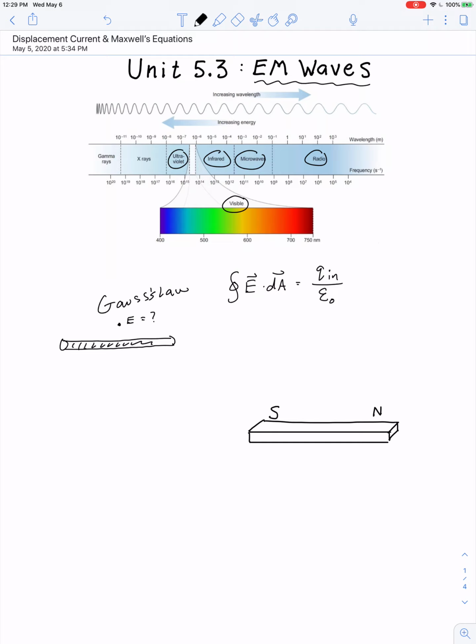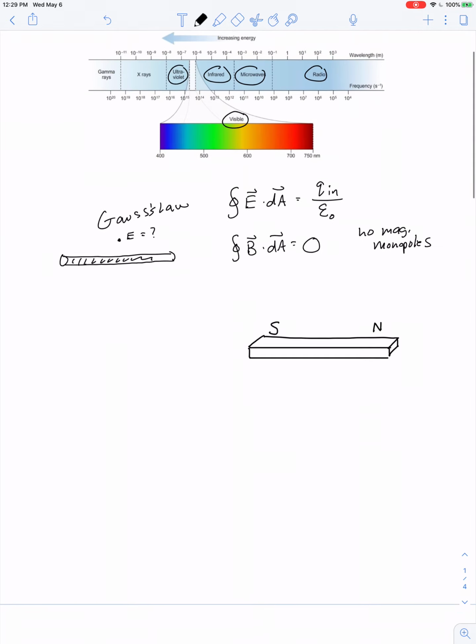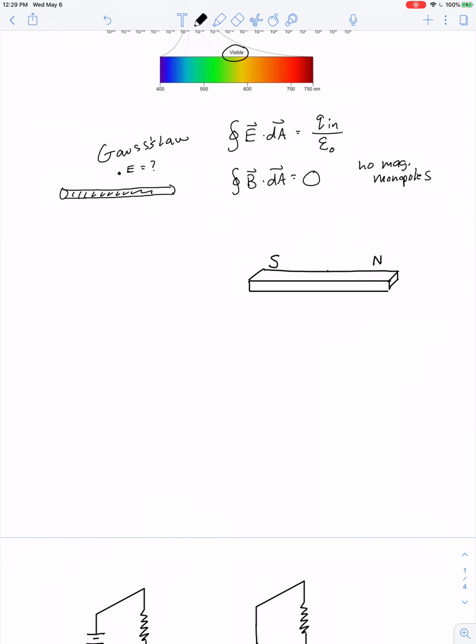There's a second version of Gauss's law for magnetic fields, and it says the total amount of magnetic flux through a closed surface is equal to 0. That's really a statement that there are no magnetic monopoles. Take, for example, this bar magnet pictured here.